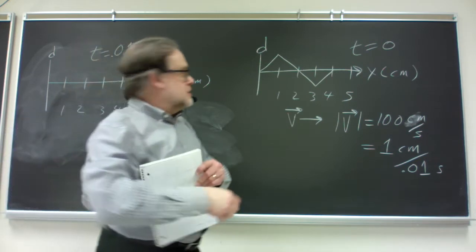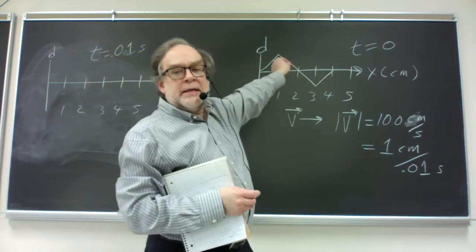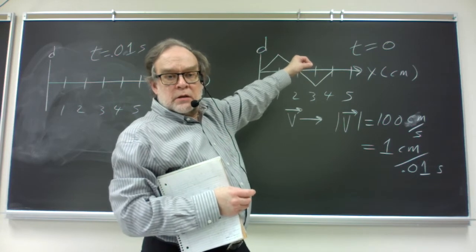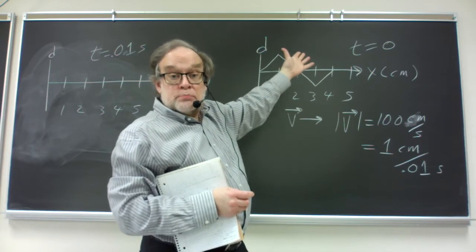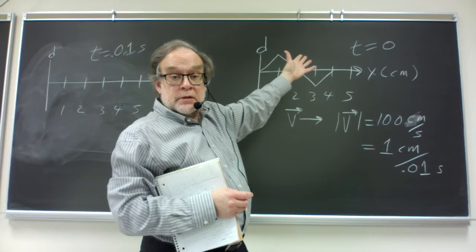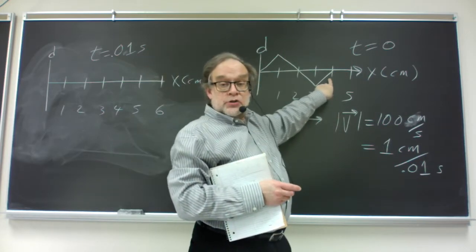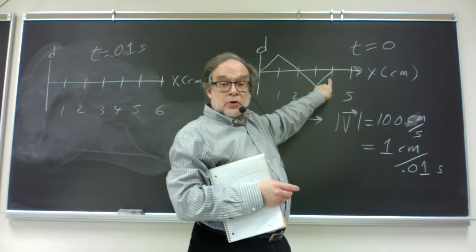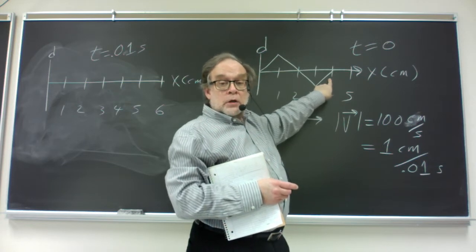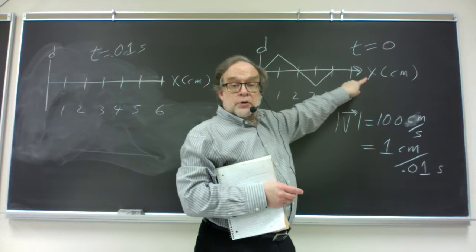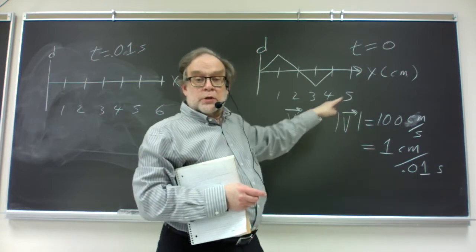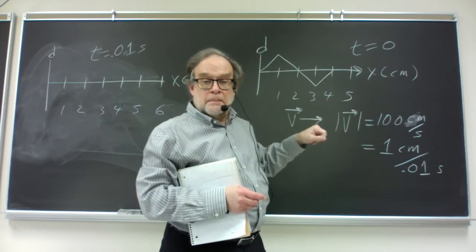What that really means is that if you pick any piece of this pulse, that piece moves 1 centimeter to the right in each 100th of a second. So here, the front edge, or the leading edge, you might call it, of the pulse in 1/100th of a second moves from the 4 centimeter mark to the 5 centimeter mark.